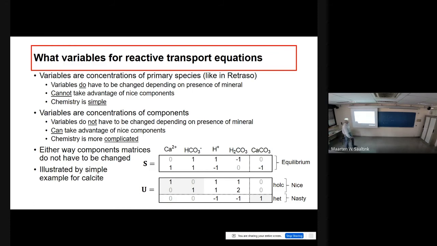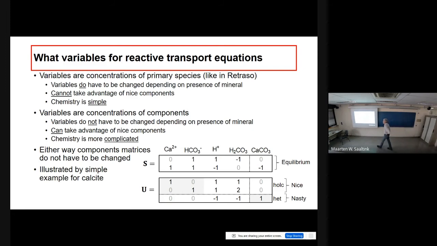Then if we want to do reactive transport, the problem is always we have to think about the variables. And then I can do basically 2 options. At least here I present 2 options. One option is I do my reactive transport using the concentration of these primary species as variables.